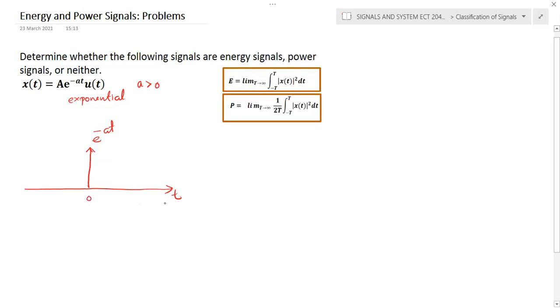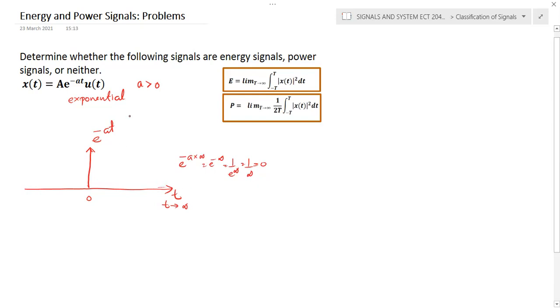If t is tending to infinity, e raised to minus a into infinity becomes e raised to minus infinity, so 1 by e raised to infinity, which is 1 by infinity, approximately 0. So when t tends to infinity, the signal value goes to 0.